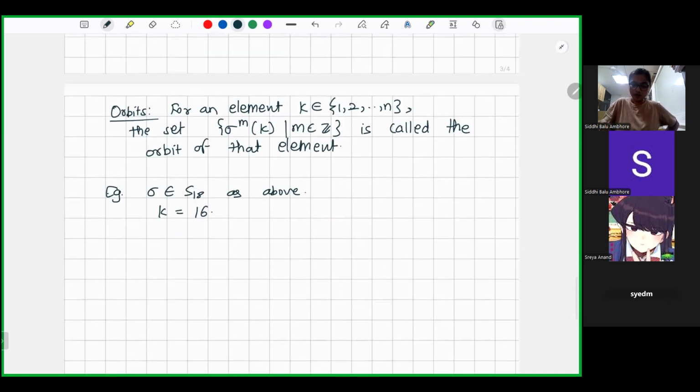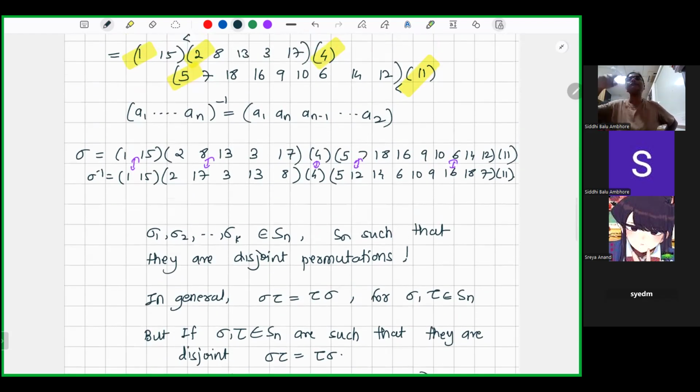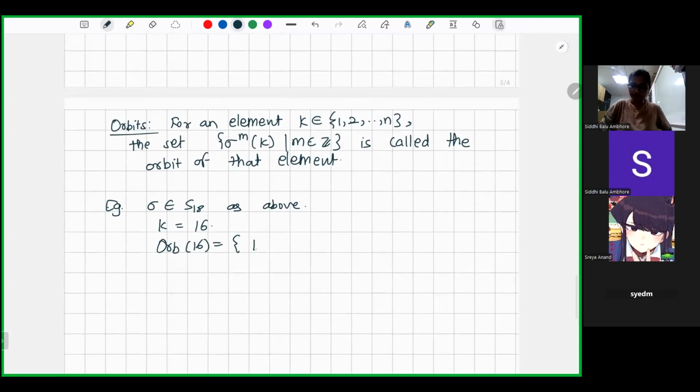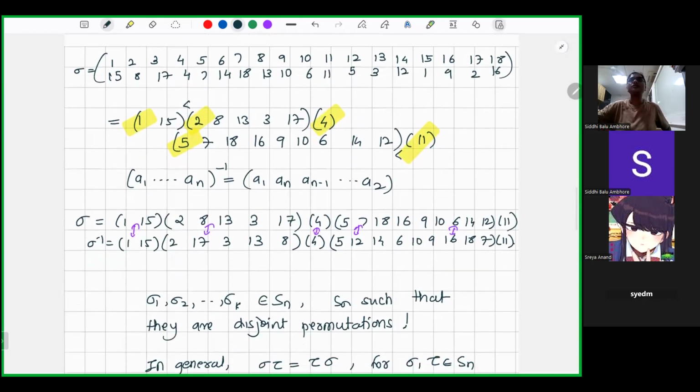So my orbit of 16 will be: sigma power 0 will be 16 itself, so 16 will be there. Sigma of 16 is 9. Sigma square of 16 will be where 9 is going in sigma, that is, it is going to 10.